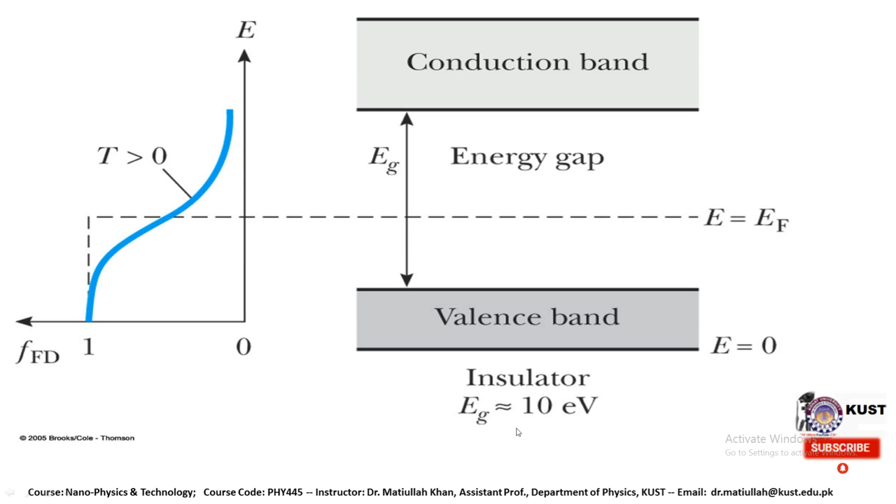It is clear that the valence band and the conduction band have a high energy gap. Each represents the gap between the valence band and the conduction band. So the Fermi level is in between the valence band and conduction band. Normally for insulators it is around 10 electron volts. So it's very hard for the electron to move from the valence band toward the conduction band.